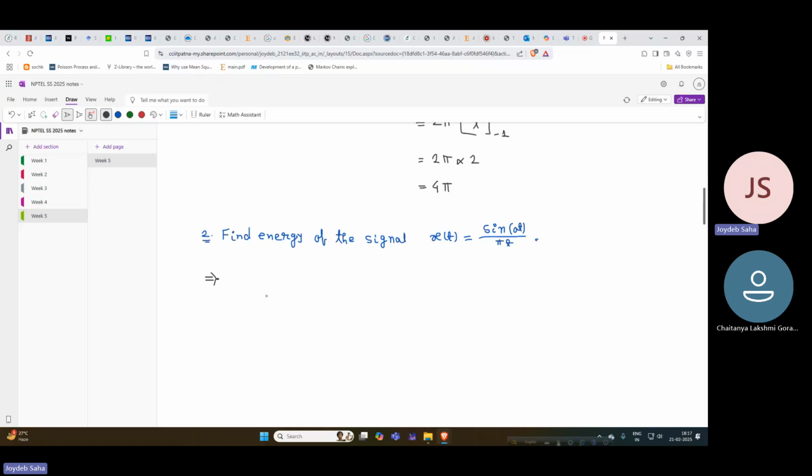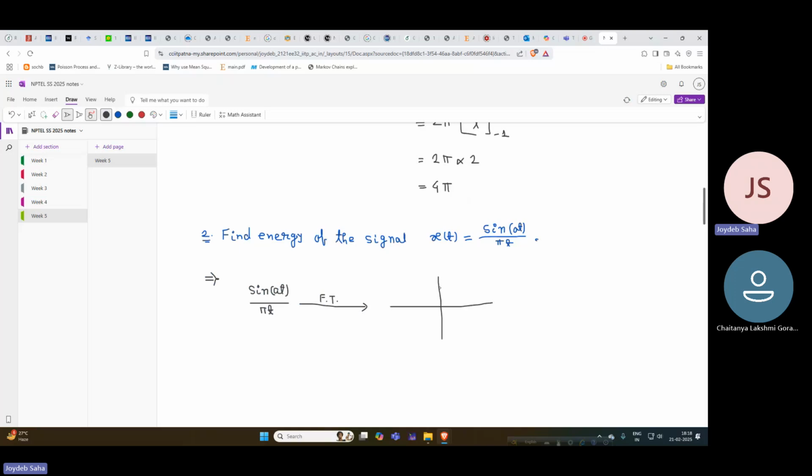If x(t) is sin(at) divided by pi t, its Fourier transform will be a rectangular pulse.